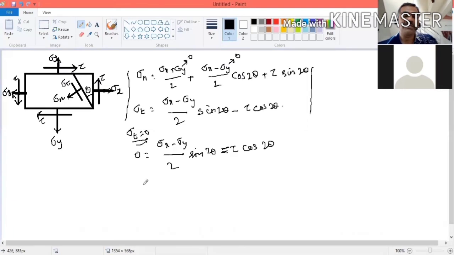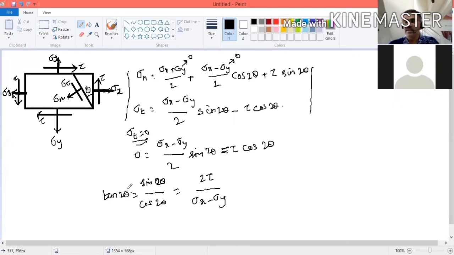Now sine theta by cos theta, not theta, 2 theta. Sine 2 theta by cos 2 theta is equal to 2 tau divided by sigma x minus sigma y. This is equal to tan 2 theta.